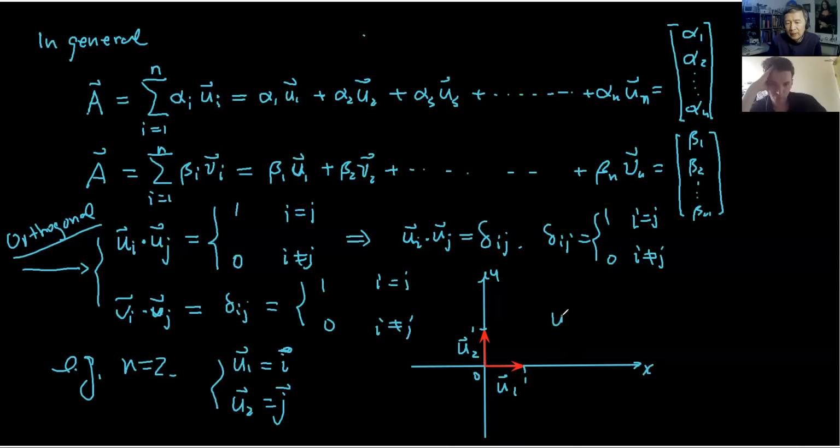Obviously, u1 and u2 are perpendicular to each other, at 90 degrees. When we say this is orthogonal, it means the two vectors are perpendicular. That is how we describe the dot product here. Therefore, u1 dot u2 in this case is always equal to 0. No projection.